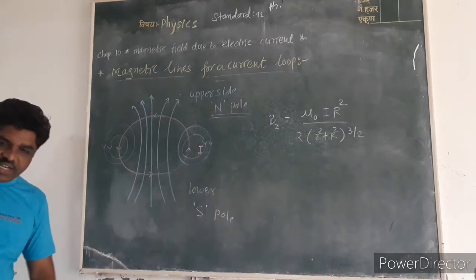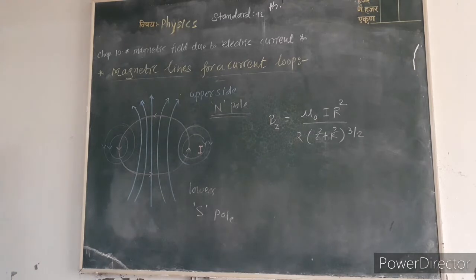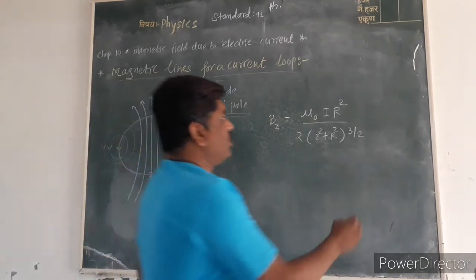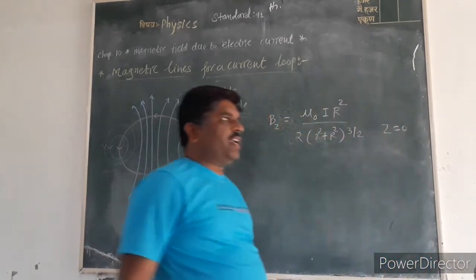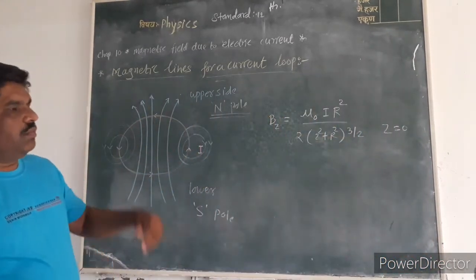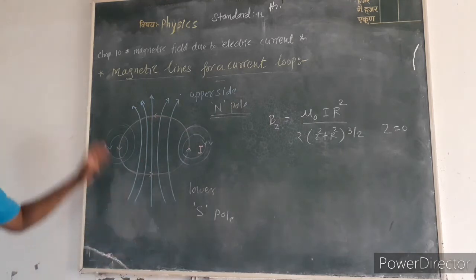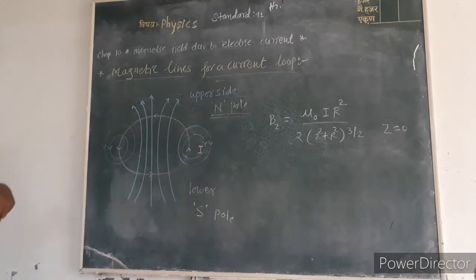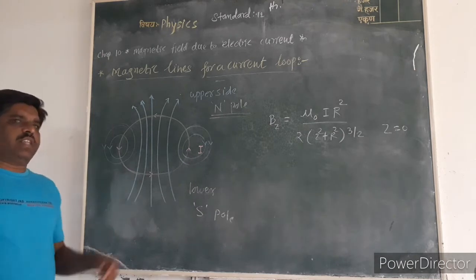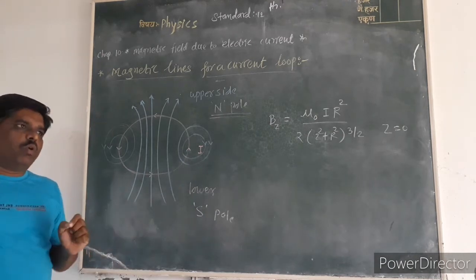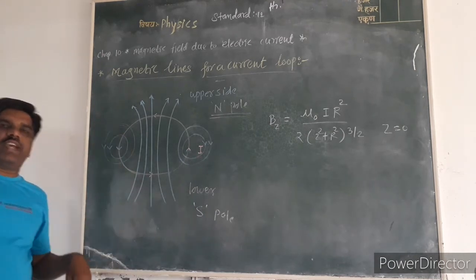Now we consider z is equal to 0, that is the point P. In the figure from the previous lecture, the distance between point P and center O is z.